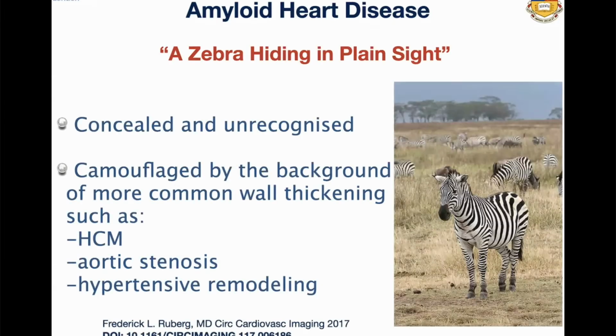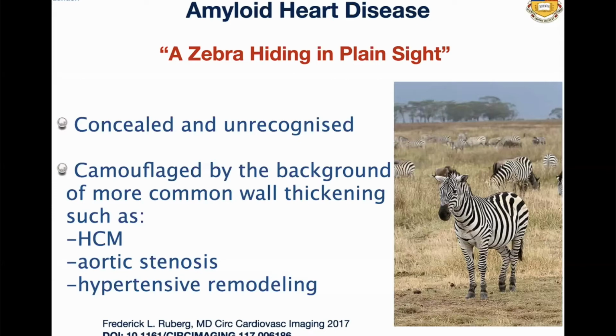In a way, cardiac amyloidosis is a zebra hiding in plain sight. This is because the phenotypes of cardiac amyloidosis are concealed and often unrecognized behind other conditions, such as hypertrophic cardiomyopathy, such as aortic stenosis, or even hypertensive remodeling that can mimic patients with cardiac amyloidosis.